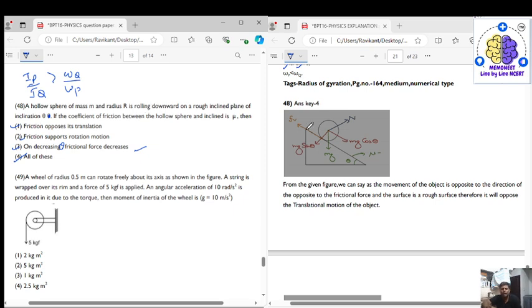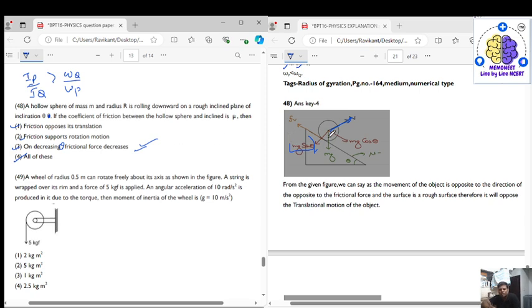Because you can see from the diagram, here the normal reaction force is equal to mg sine theta. So if I reduce theta, frictional force will reduce. So the third statement is correct. Friction supports the rotational motion.